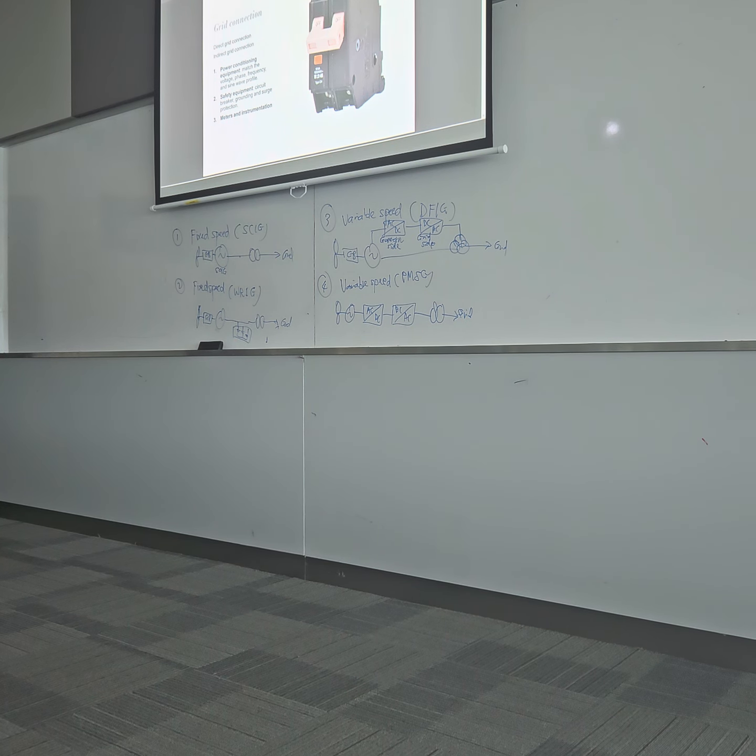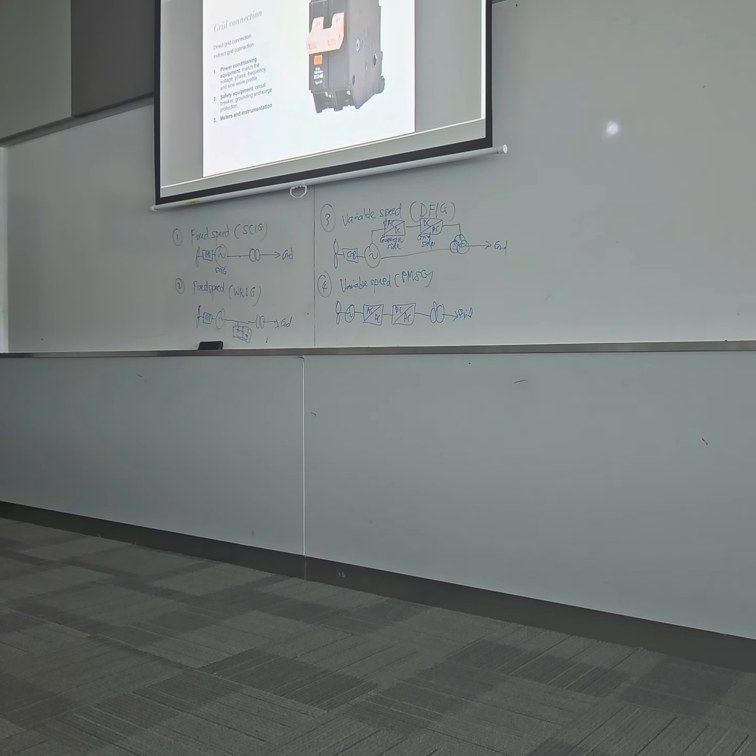For the grid interconnection, there are two main types: the direct grid connection and the indirect grid connection. These two will vary in terms of the frequency. But definitely you will need these three: power conditioning equipment, safety equipment, and meters and instrumentation.